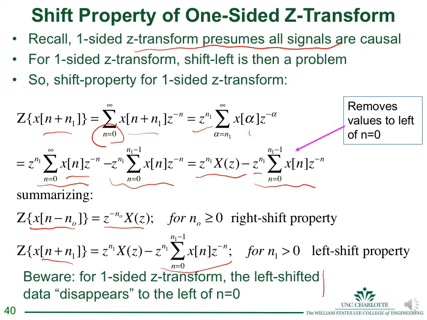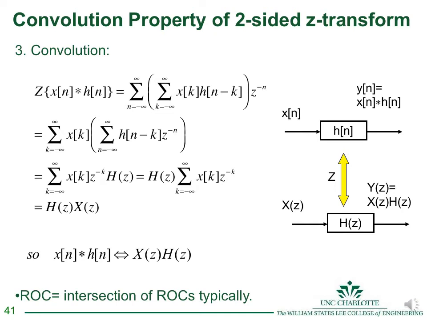Convolution property of two-sided Z transform, again, another important property. The Z transform of x convolve h, so we can plug in the definition of convolution. And again, illustrating the use of the techniques to prove these properties. So we're going to interchange the order of summations.